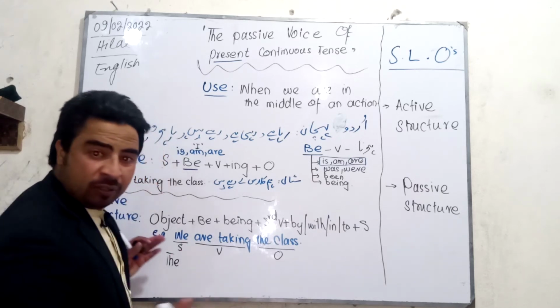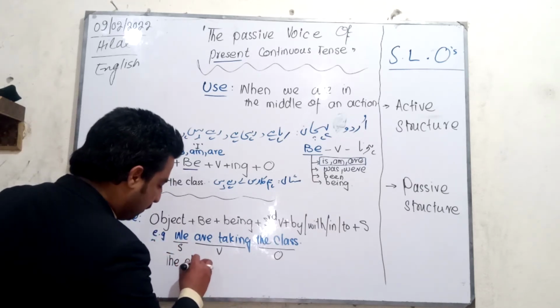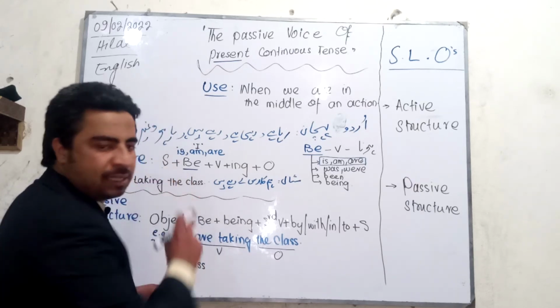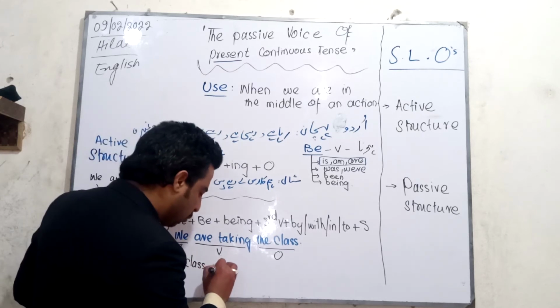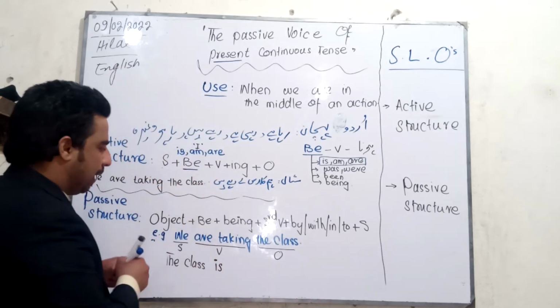Now class is singular, so with the singular we use is. The class, so according to the structure I use is. Here be means the same, is.